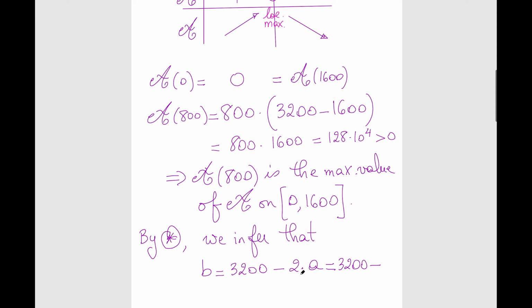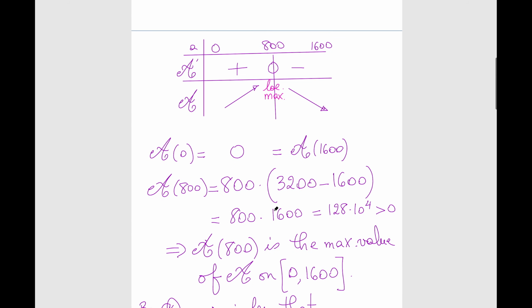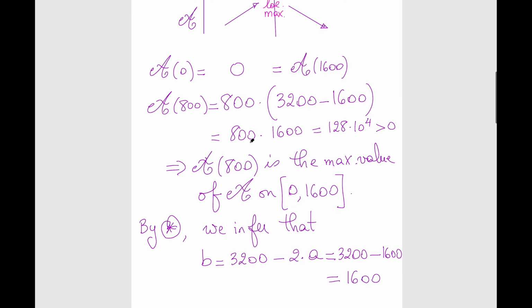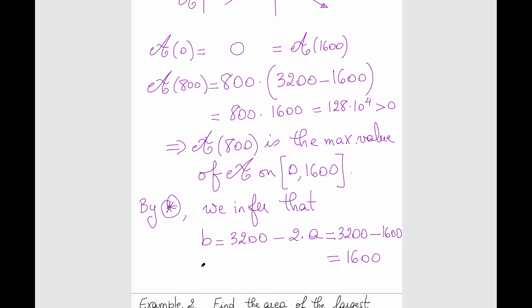So 3200 minus 2 times a, and a is 800, so 2 times a is 1600, and this is 1600. So what can you say then? We can say at this point that the largest area occurs when little a is 800 and little b, because b has to verify asterisk, and little b is 1600. Make sense?